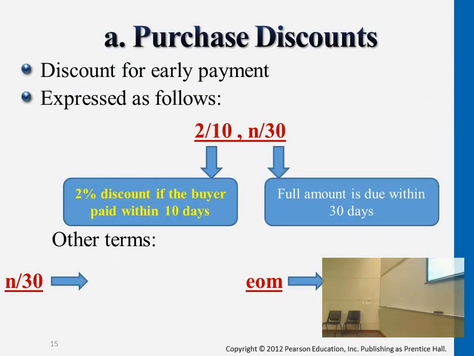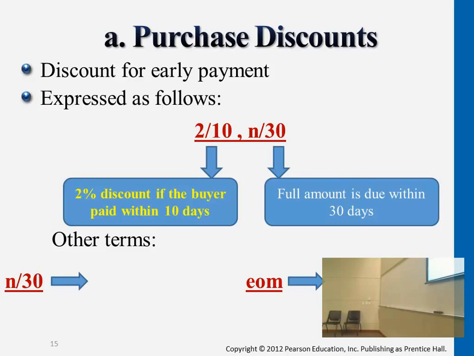Now purchase discounts, just stating the first entry here. We have inventory, accounts payable, $700, June 3rd. So this credit term here, 2/10, net 30, represents that the full amount is due within a month, within 30 days.